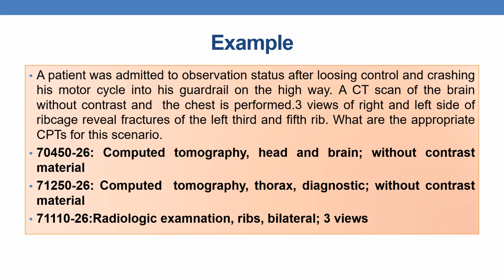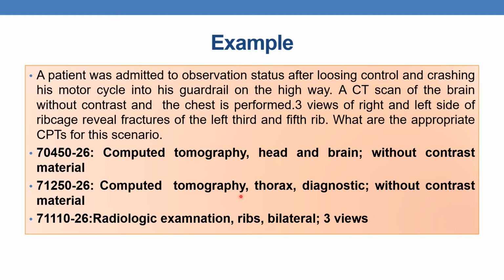The first is CT scan of brain without contrast. That is 70450. Computed tomography head and brain without contrast material. Next, CT of chest is also performed. Chest is nothing but thorax. 71250. Computed tomography thorax diagnostic without contrast material.